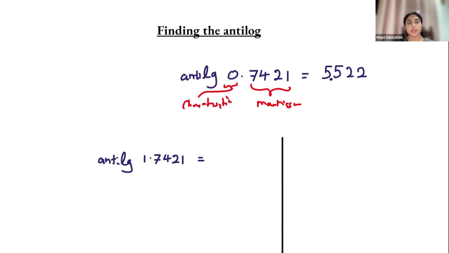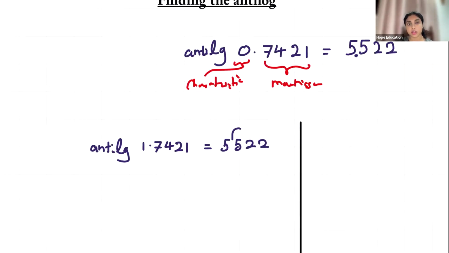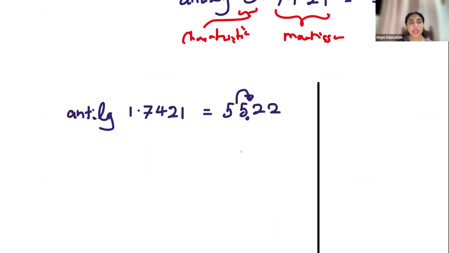So, here mantissa is 7421, අපි එක read කරා 5522 කියලා. Here the characteristic is 1. That means default position එකන එකක් පස්සට යනවා. So it should be 55.22.